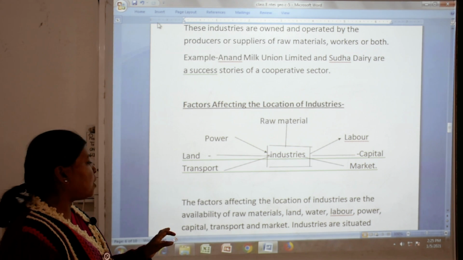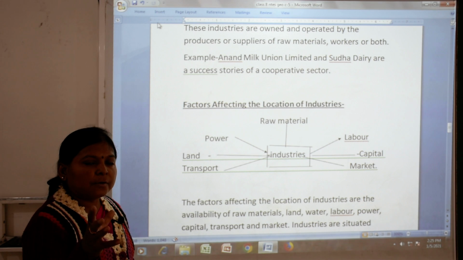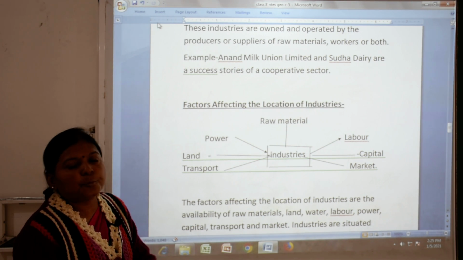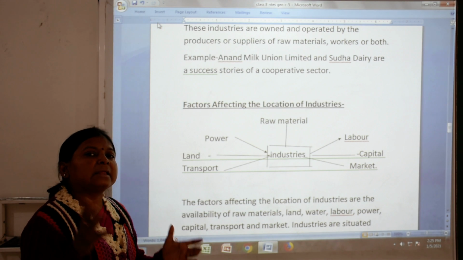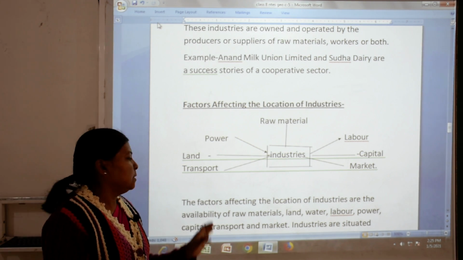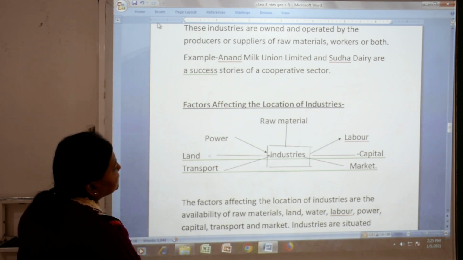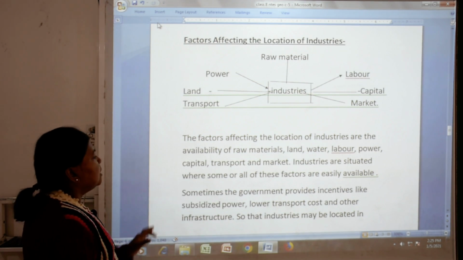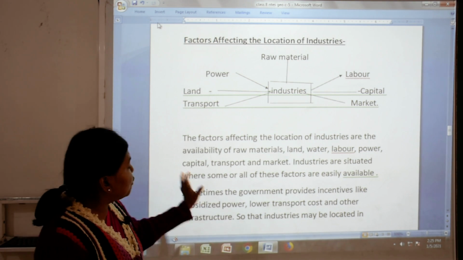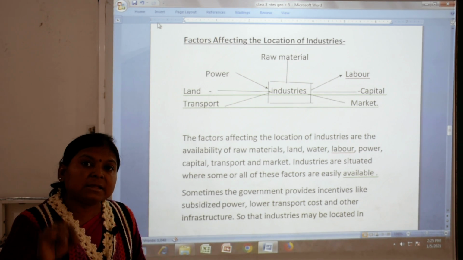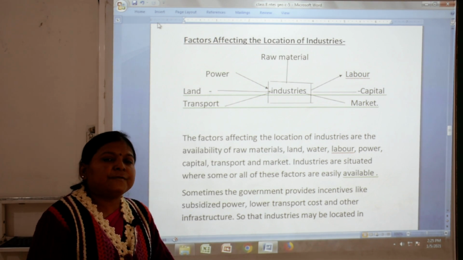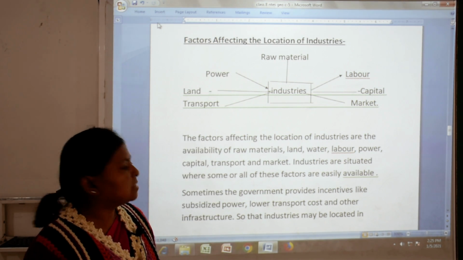How will the power be supplied, how much money do we have in hand, how can we arrange the transport system and where will we get the market? All these factors are very important. So industries are situated in those places where mostly all these factors are easily available. If these factors are not available, we will not establish the industries there.